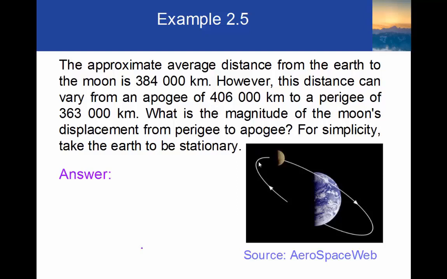And it turns out that at this farthest point, this apogee, there's a 406,000 kilometer distance between Earth and Moon. And at perigee, it's a 363,000 kilometer distance. And so if, for simplicity, we take the Earth to be stationary, how far is it from perigee to apogee?